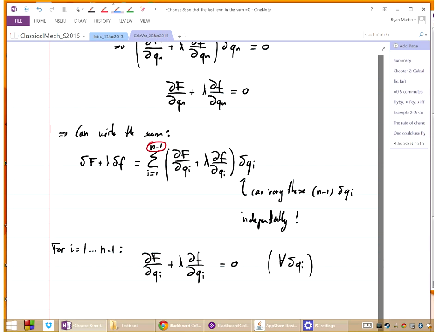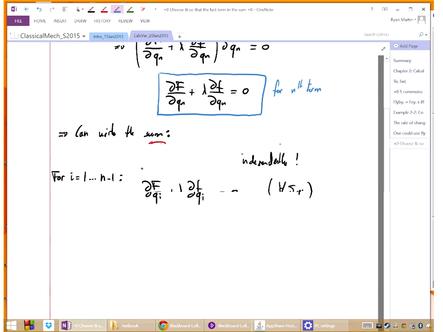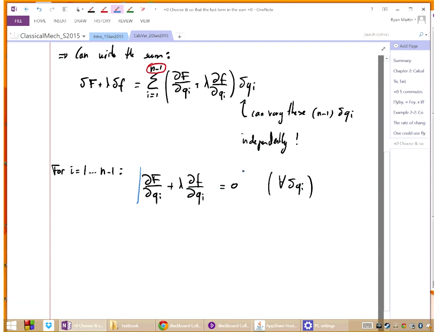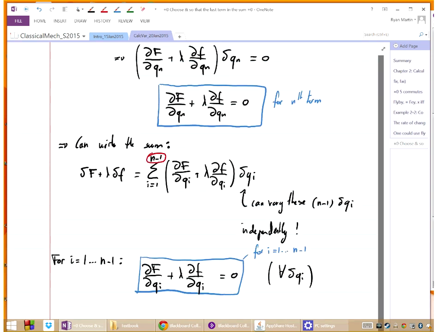We have, for the nth term, this blue equation here that I'm boxing in blue. And then for all the other terms, we have the second equation.